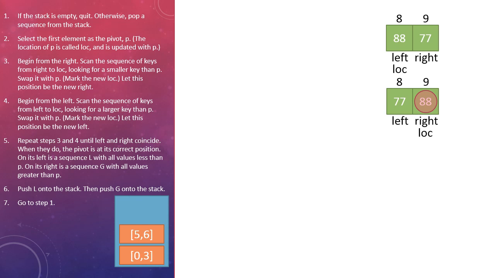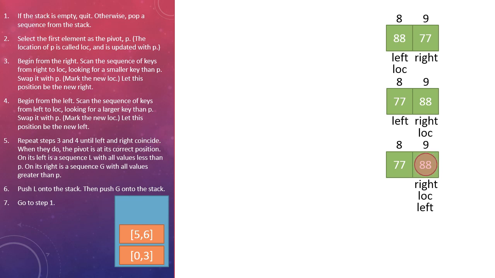See that lock has been updated. Start scanning from the left, looking for a larger element than 88. 77 is not larger, and then right and left coincide. This means that 88 is now at its correct position.